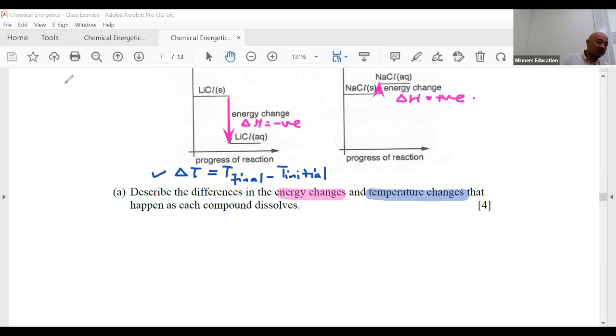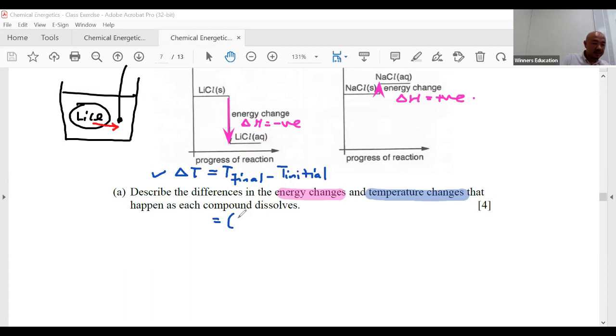And let me just draw out the diagram for you again. For lithium chloride, what happened? Lithium chloride dissolves, touches the water, and because it is exothermic, heat energy goes to the bulb of the thermometer. So I'm going to register a higher temperature, also called the final, which is the maximum.